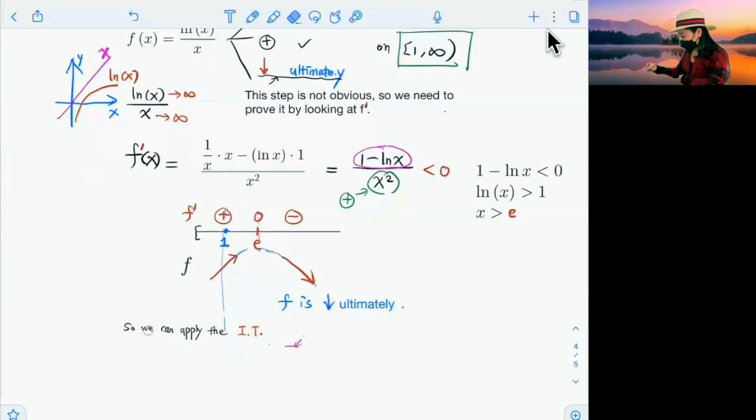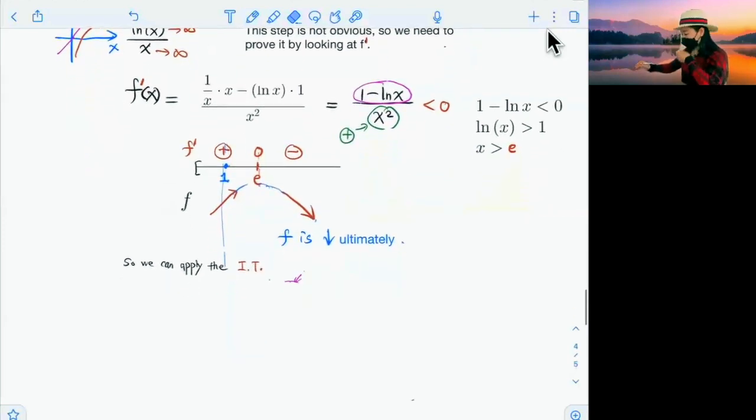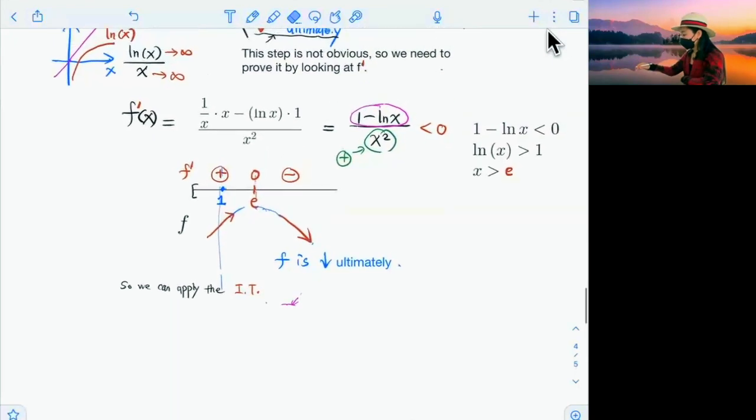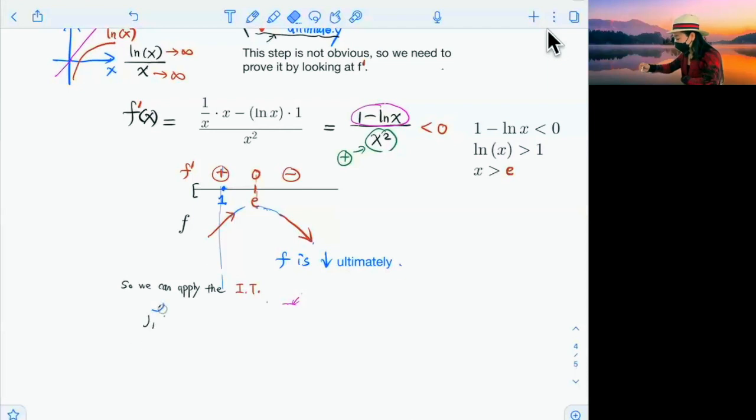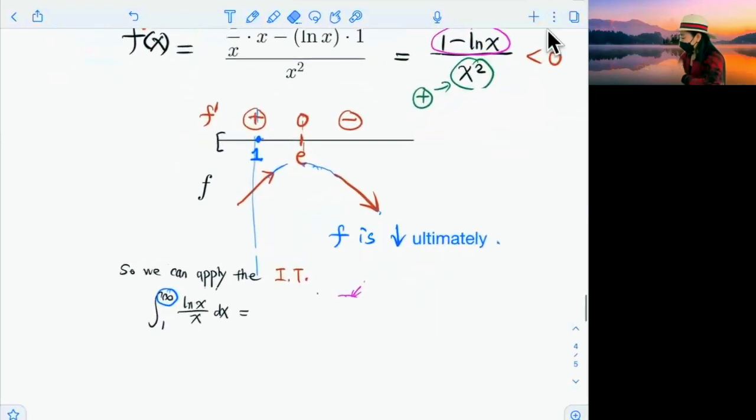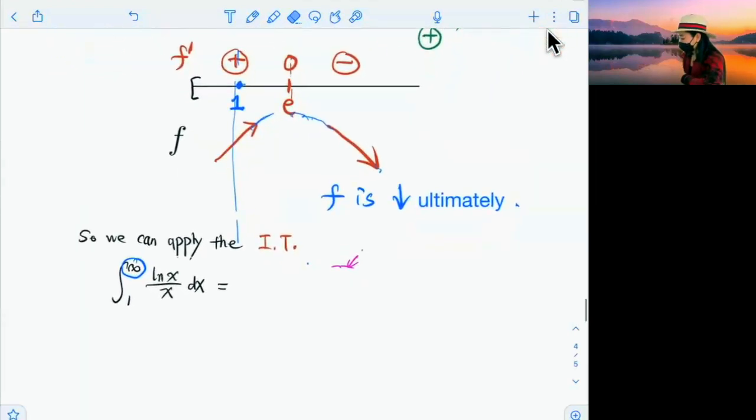Then we have to look at the integral, okay? What's the integral? Integral of, what's the function? Integral of ln of x over x, and x goes from 1 to infinity, right? We look at this integral.